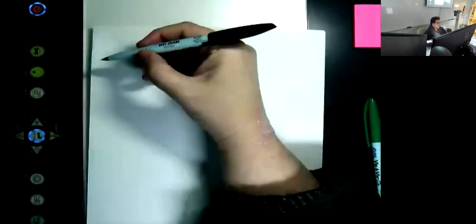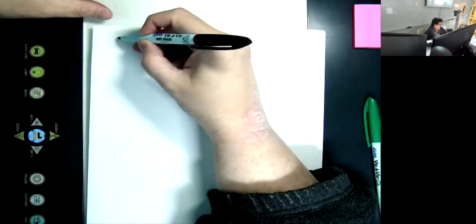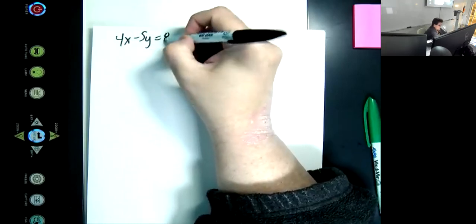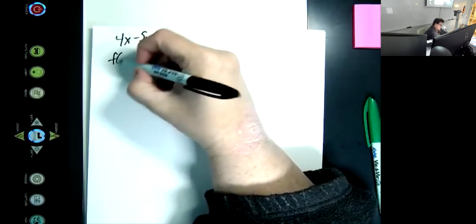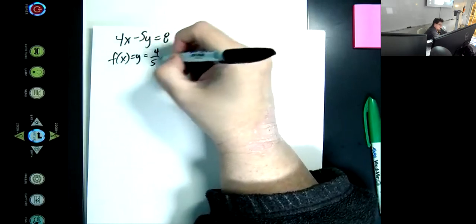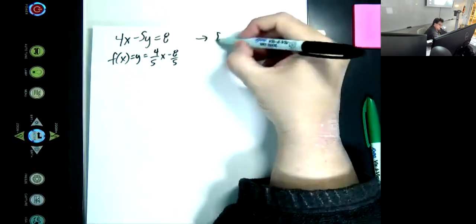So when we have an equation in the form we started off with, 4x minus 5y equals 8, and we ended up with f of x, which was y, equals 4/5 x minus 8/5. The first is called the standard form.